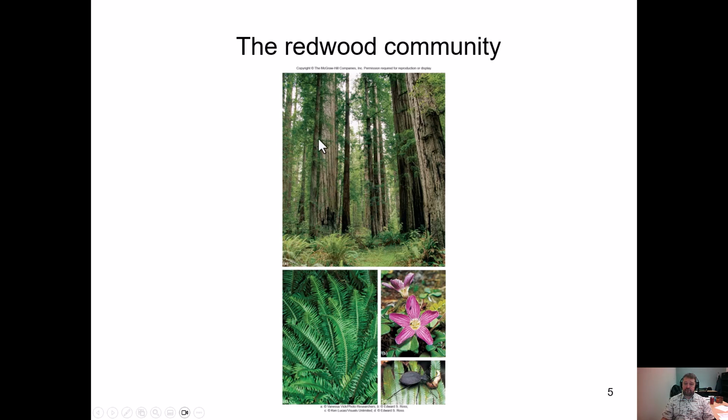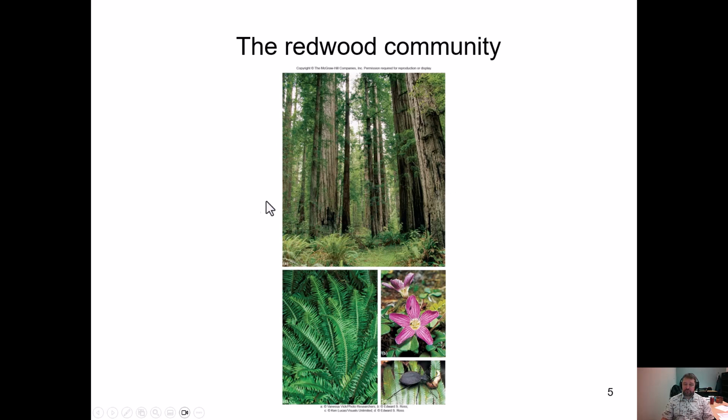And so that's dominated by redwoods, okay? A species of sequoia or cedar tree that grows extremely large, has extreme age to it, and they're the dominant organisms in this ecosystem, in this community.